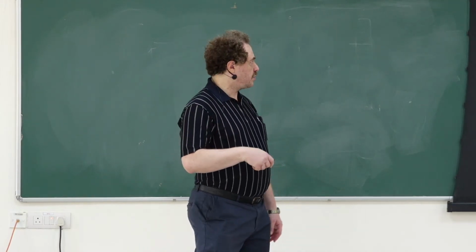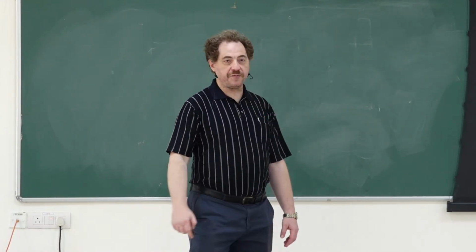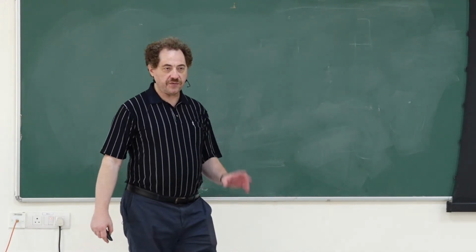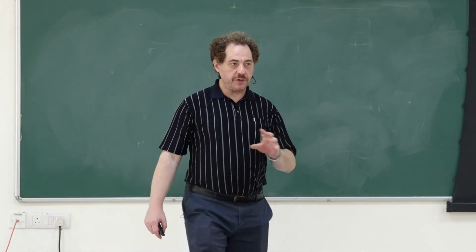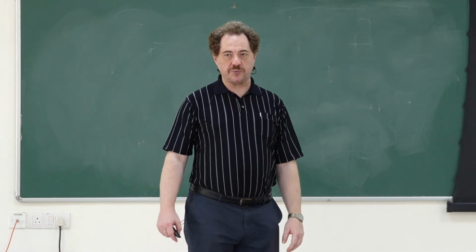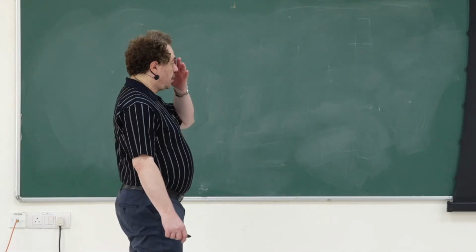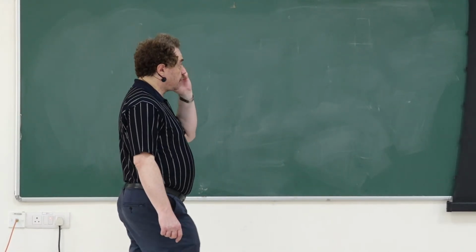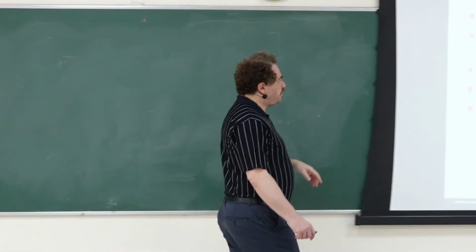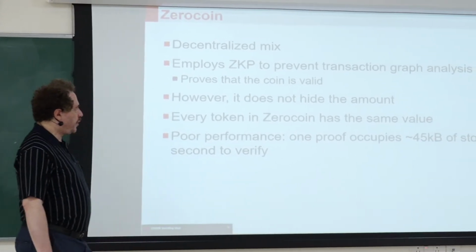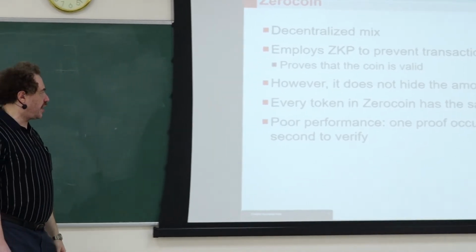Therefore, their idea was to come up with a decentralized crypto exchange, a decentralized mix, something similar to crypto exchanges, but without any centralized actor responsible for those operations. So how does it work? It employs one-shot zero-knowledge proofs to prevent transaction graph analysis.